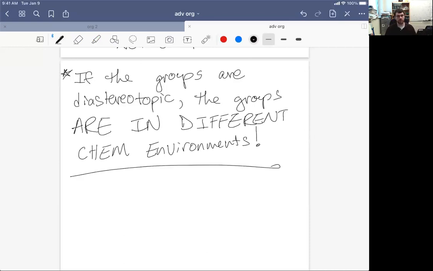So they're in different chemical environments, and that's going to result in some unusual NMR properties.